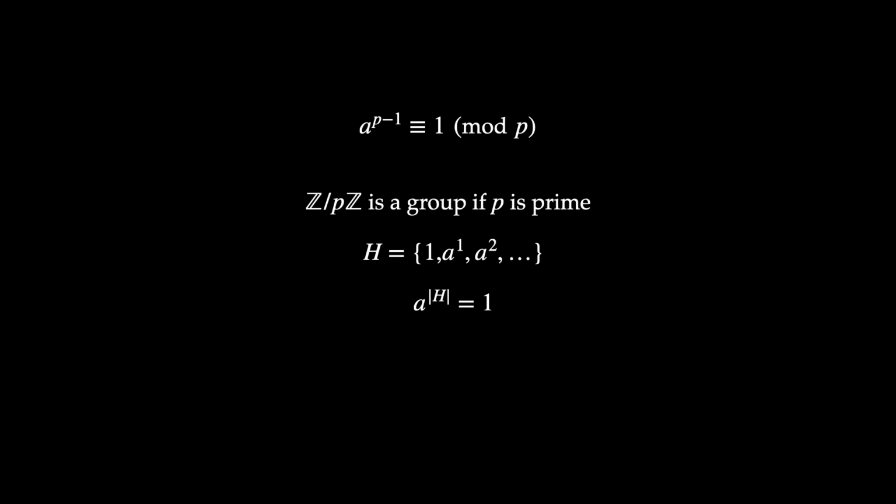So we know by the theorem we just showed that since H is a subgroup of Z mod pZ, the order of H divides the order of Z mod pZ, which is equal to p minus 1. So the order of H times some number d equals p minus 1.